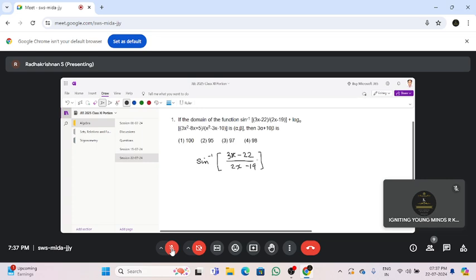So the domain of this plus something. That means, domain means what? Here, let us say y equal to this.